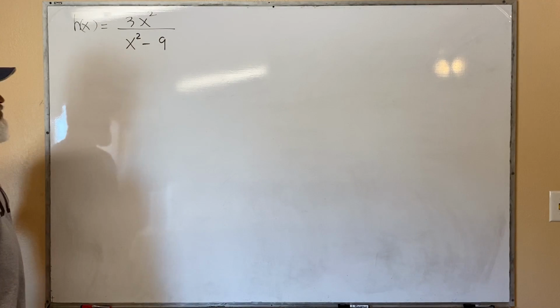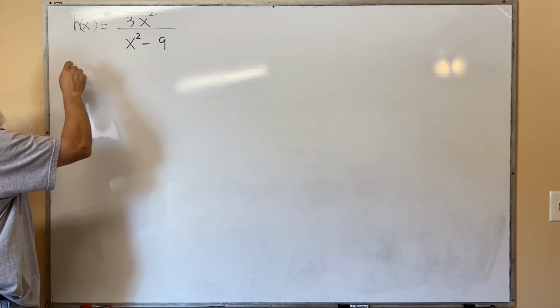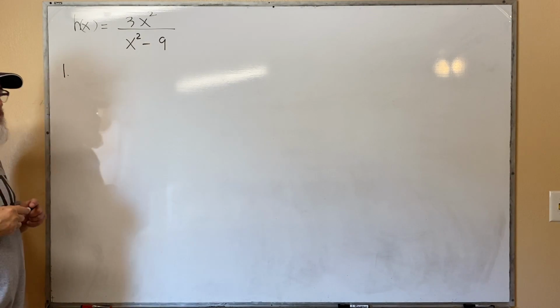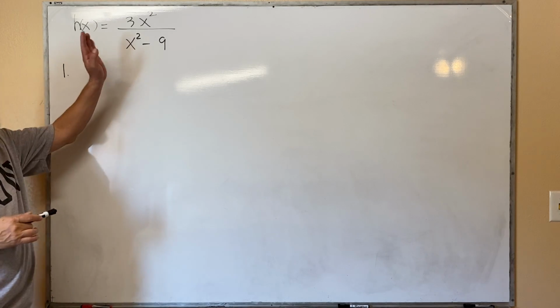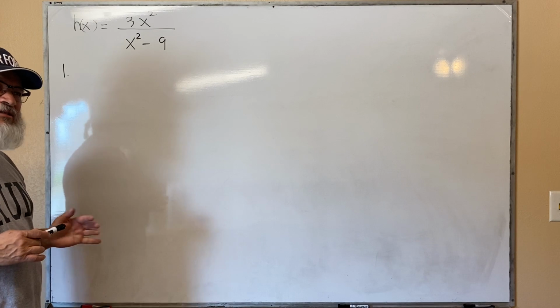Okay? What's first? Let's try to find. First of all, try to simplify. Well, no, let's not try to simplify first, okay? Let's try to find the vertical asymptotes.